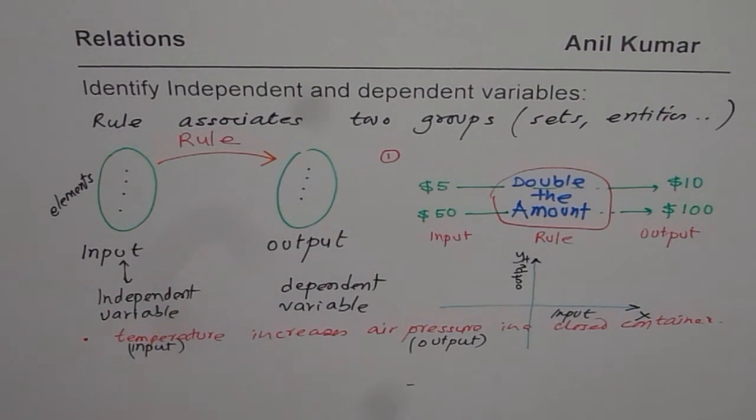Independent variables represent the input. Dependent variables depend on the value of independent variables and they represent the output. So I hope with this you understand relations and also the variables associated with them. Independent variables are the input variables and the dependent variables are the output variables. Thank you.